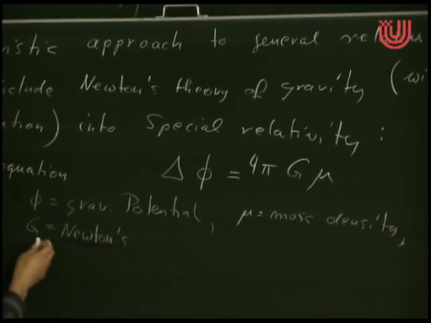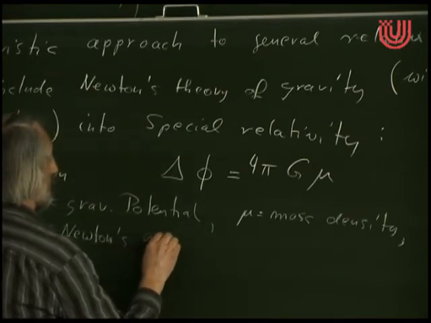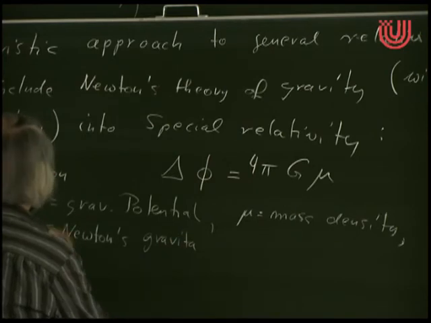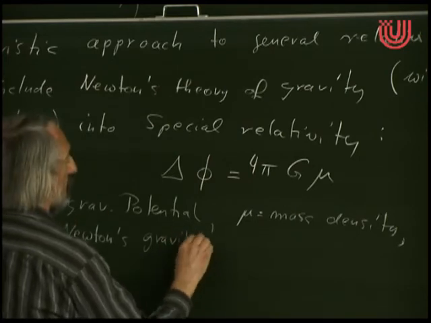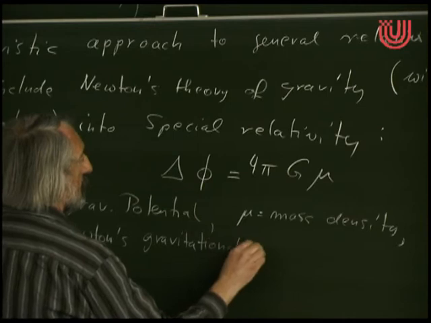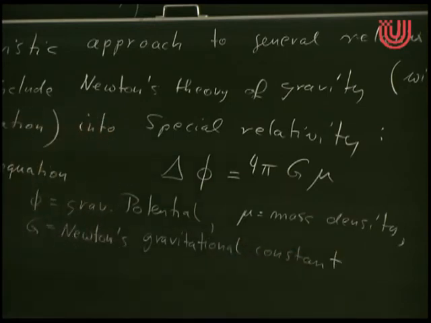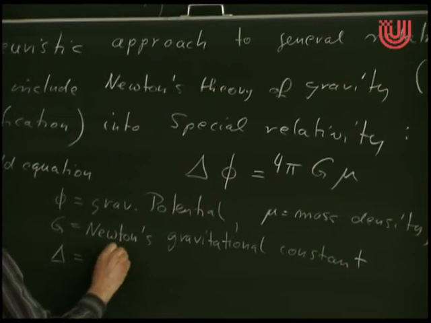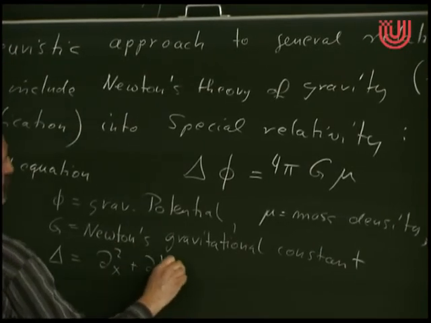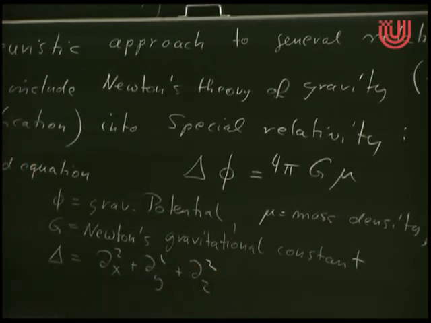I emphasize this because very soon we will introduce something which is called Einstein's gravitational constant, which differs by a certain factor from G, Newton's gravitational constant. And what else do we have in the equations? The Laplace operator, of course, but I think everybody has guessed what I meant by this. So that's the Laplacian. So that's the field equation.